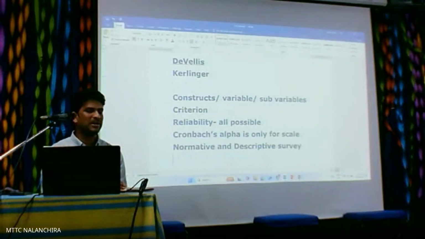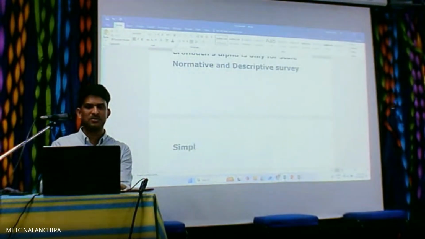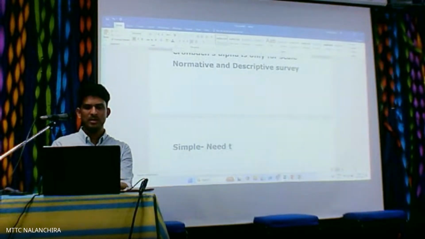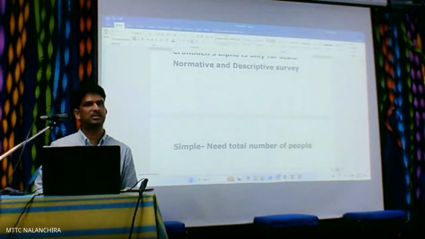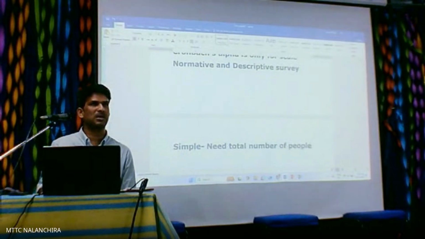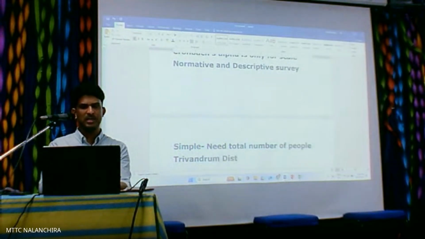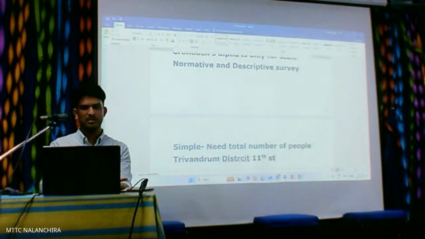Then stratified random sampling. Actually, simple random sampling, I told you. For simple random, you need the total number of people. Suppose, for example, in Trivandrum district you are taking 11th standard students.